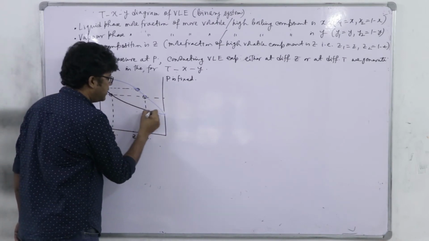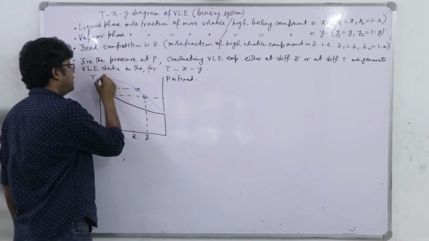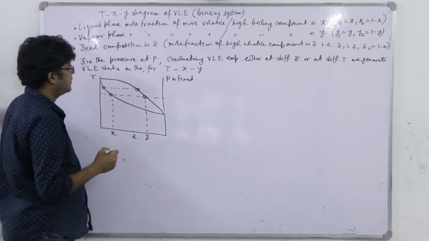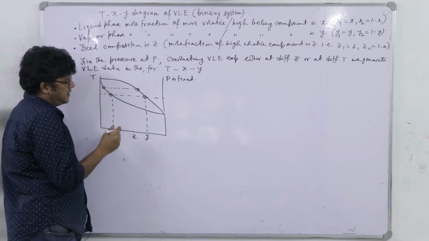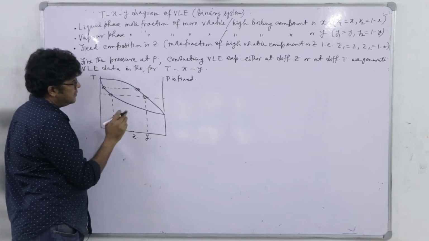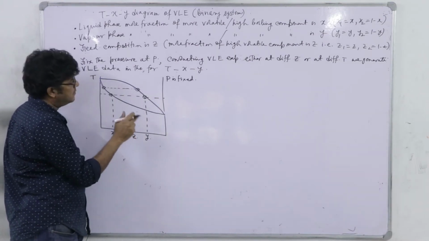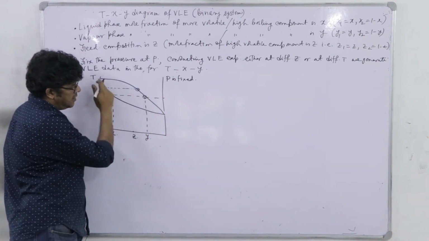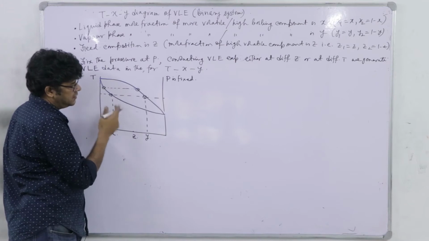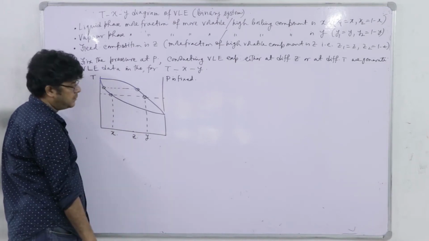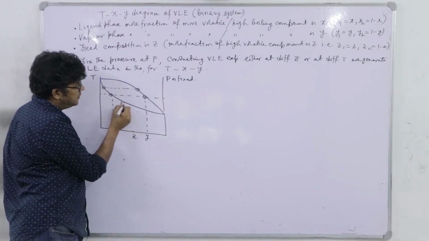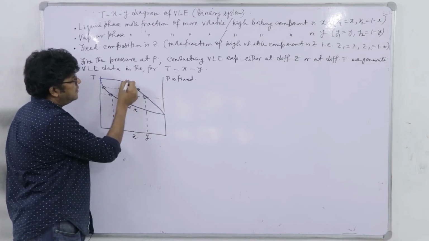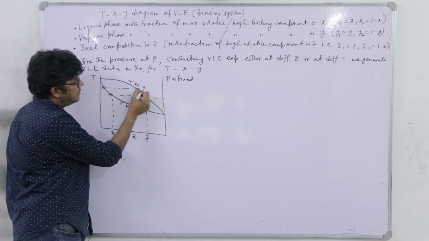I will get this sort of curve. So the fact is, there are two different lines. This represents the liquid phase composition, the locus of the liquid phase composition upon changing temperature. So this is T versus X, and this is T versus Y.